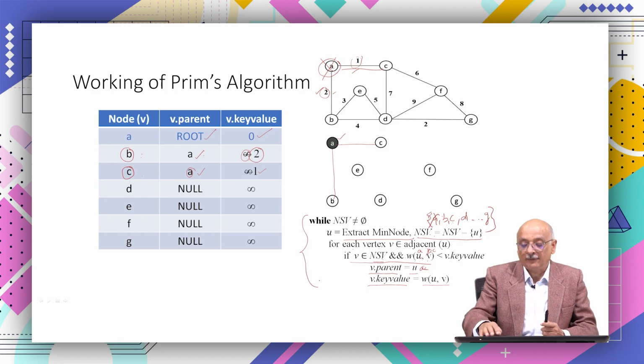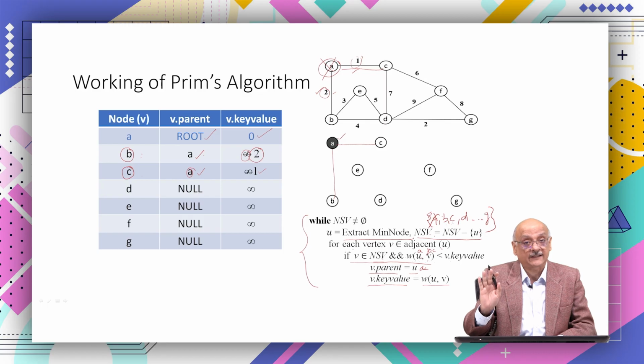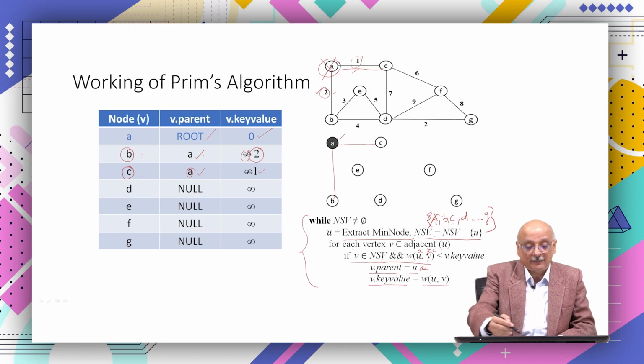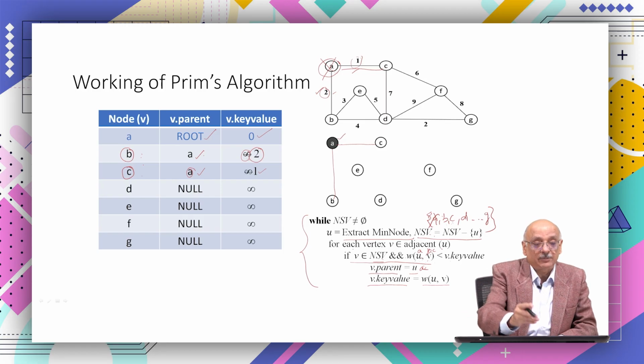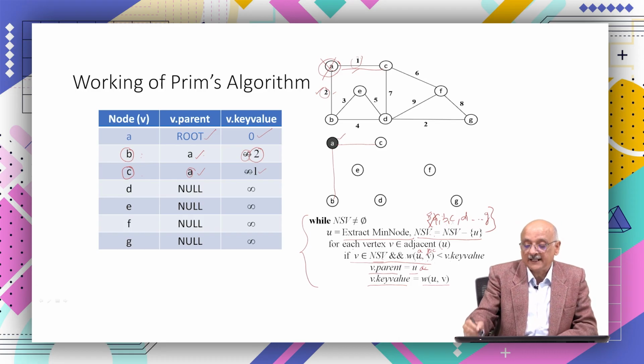Have we come to the end of it? No, NSV is not null so far. We have just removed A so far. We have not removed B or C. We have just played with the value of B and C, but only A has been removed from this NSV.